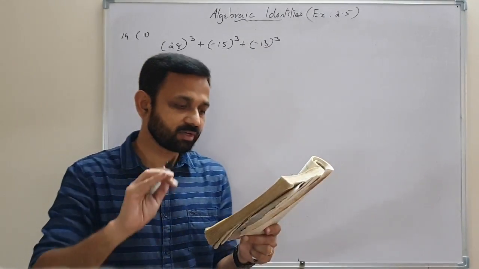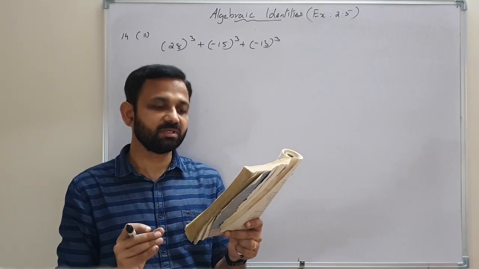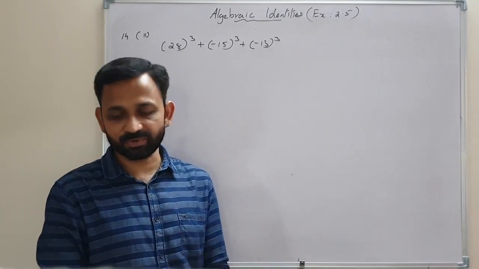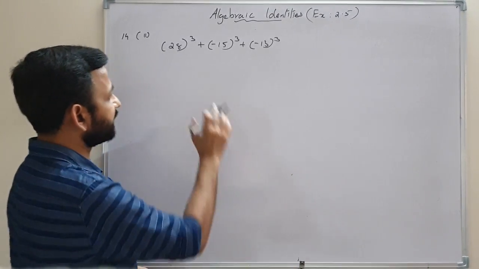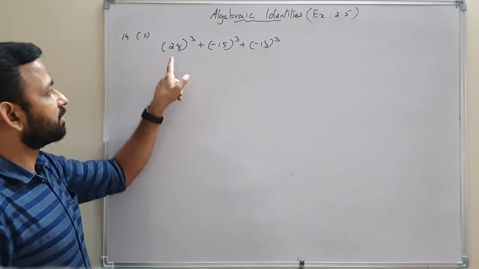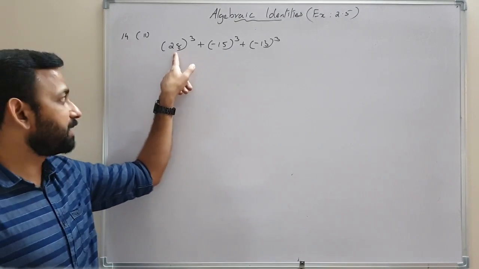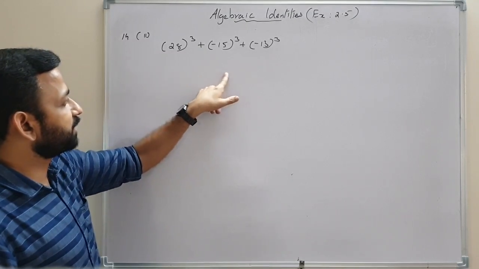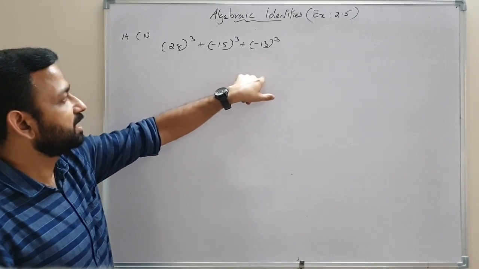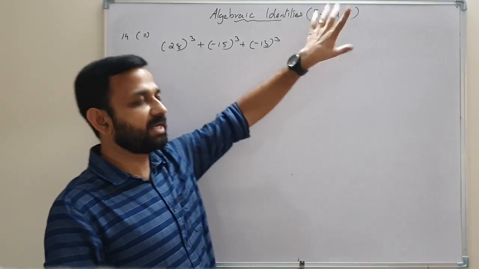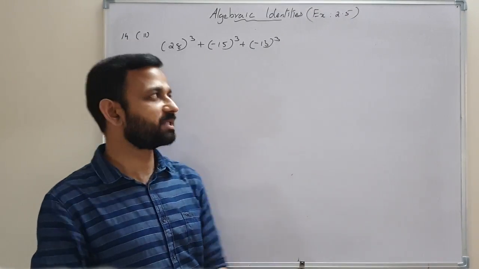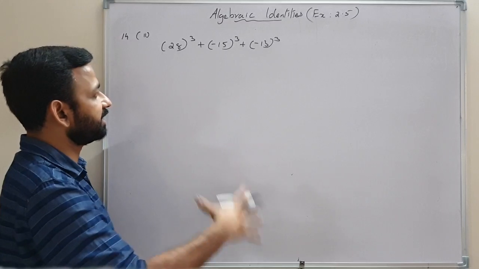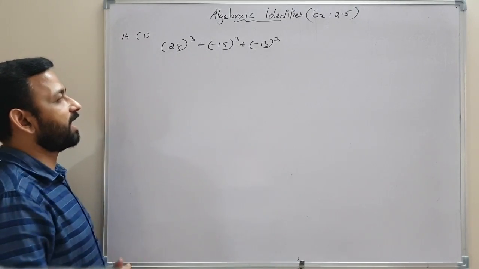Here we need to find its value without calculating its cubes. That means we cannot find 28 into 28 into 28 plus minus 15 into minus 15 into minus 15 plus minus 13 into minus 13 into minus 13. We are not expecting that method. By using an identity, we need to find its value.